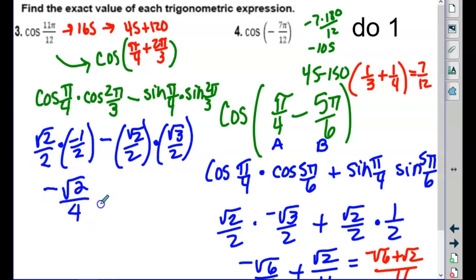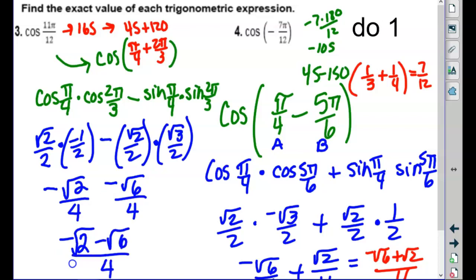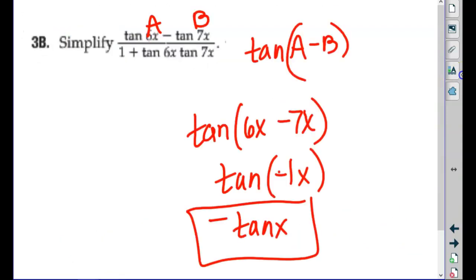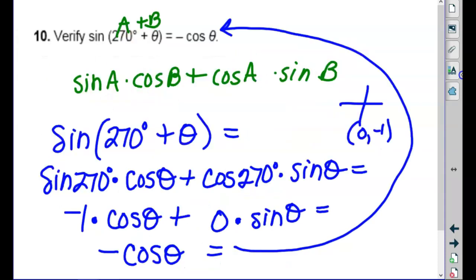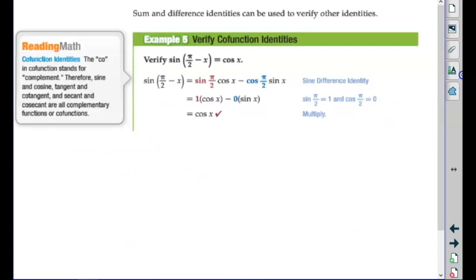Negative square root of 2 over 4. Multiply across the top and the bottom. What happens over here? So we have negative square root of 2 minus the square root of 6 all over 4. That's all the verify you had, just 2 of them on your paper?